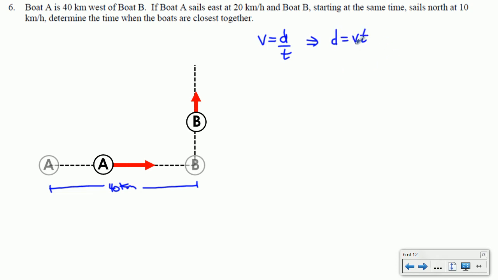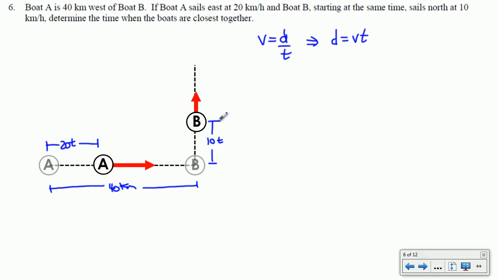And in the case of A, it's going to be 20 times time. And in the case of B, it's going to be 10 times time. So the distance traveled here by A is going to be 20t. And the distance traveled here by boat B is going to be 10t. Whatever that t turns out to be, right? After an hour, it would be 20 kilometers. After an hour, this would be 10 kilometers, and so on, right? So we need to figure out what the time is.